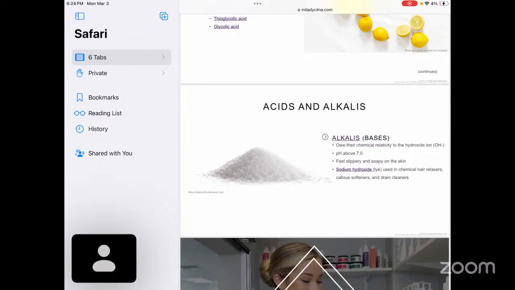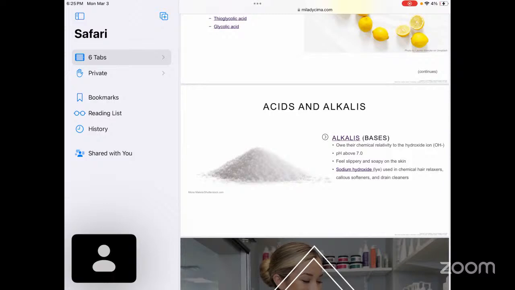I'm thinking about any kind of chemicals. Those are alkaline. It has a pH above 7.0. It feels slippery and soapy on the skin. You still need to make sure the skin is cleansed so all of that product is off the skin, but it feels slippery and soapy.